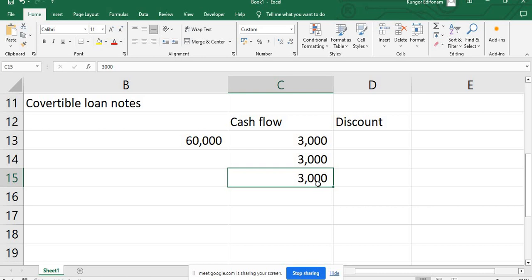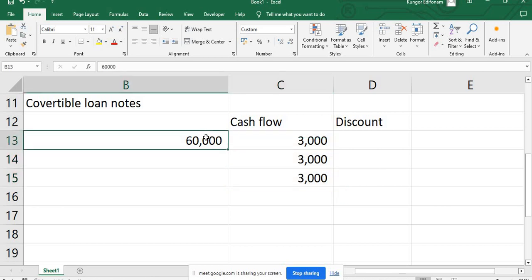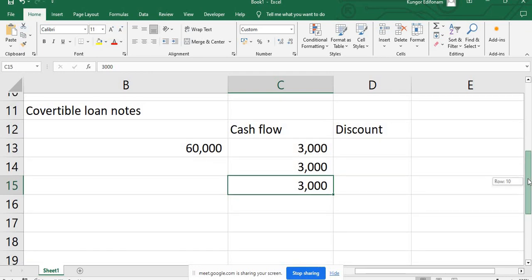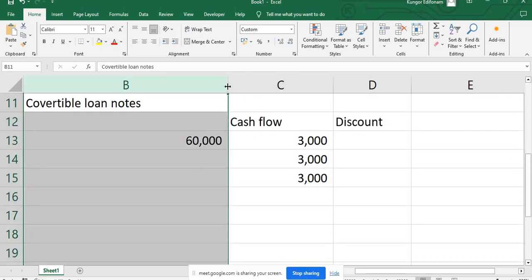The financial liability should be the present value of the coupons for the 3 years, and in the 3rd year you add the face value of the loan note to that year's cash flow, then you discount it, and that will be your financial liability. I don't know whether you are familiar with this treatment from when you were doing financial instruments, but that is how it's going to be done. Okay, let me put in another.